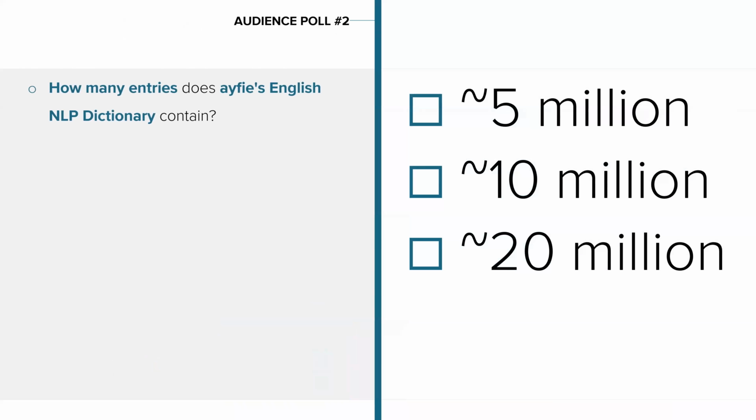So we'll do one other quick quiz here, an audience poll. How many entries does ayfie's NLP dictionary contain? And we'll just give it a couple seconds here for people to answer. Give it your best guess.